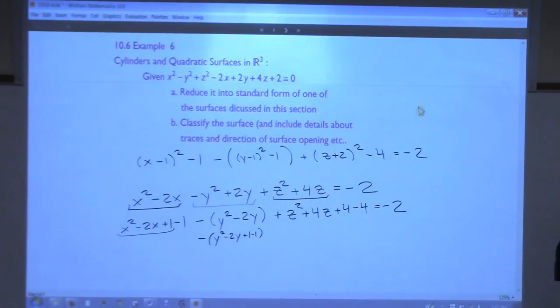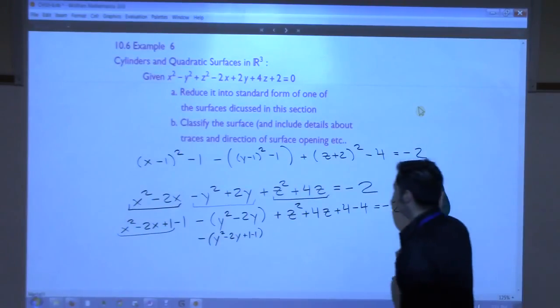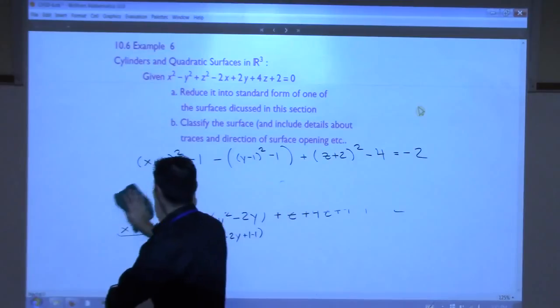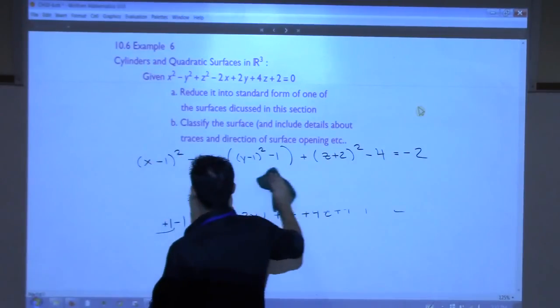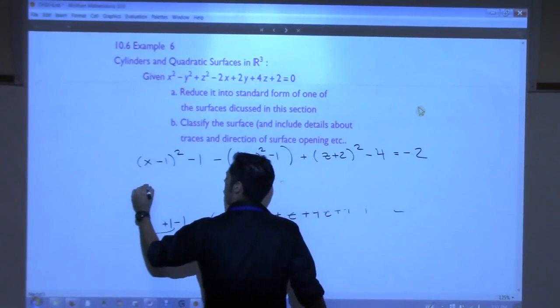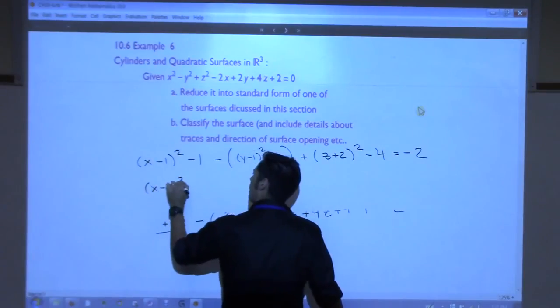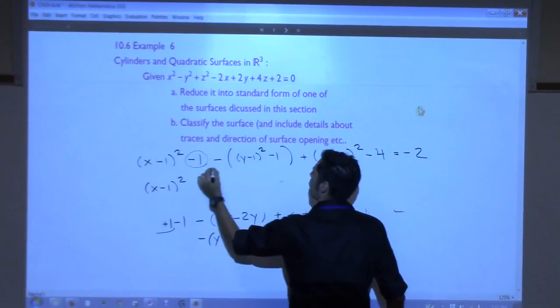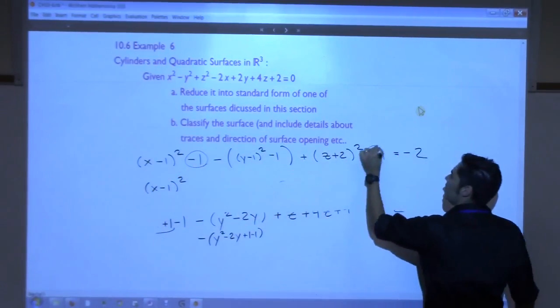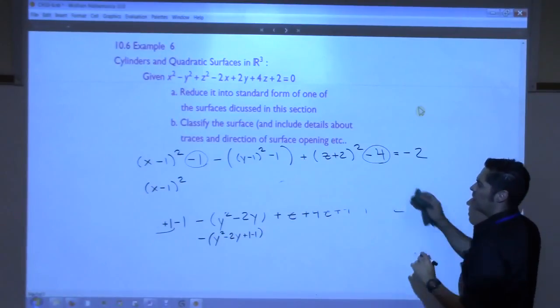Anybody disagree or see an error anywhere? All right, so I have x minus 1 squared. I'm going to take the minus 1 and the minus 4 to the other side, which would give me a what?